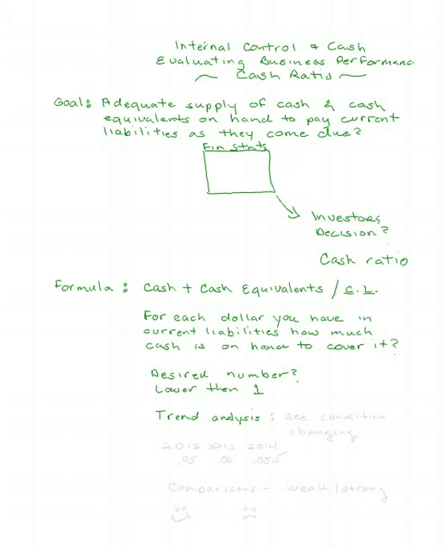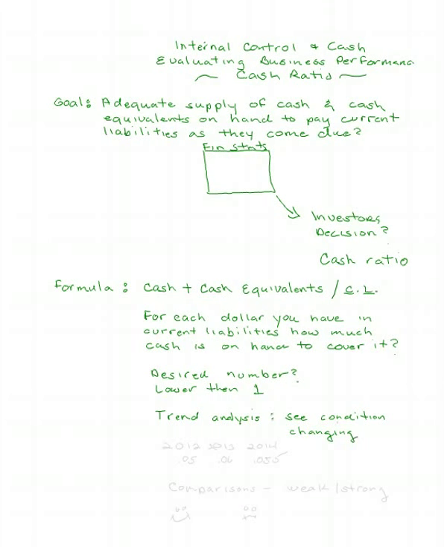Doing trend analysis is really important because you can see if a business's condition is improving or getting weaker. So you can see how the condition is changing. Maybe it's adequate and just holding, and that would be fine too.